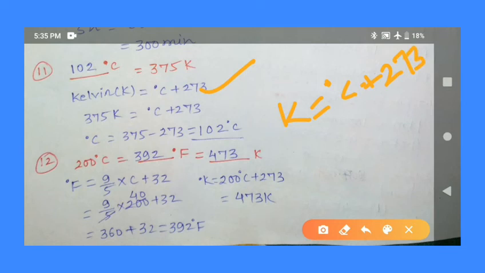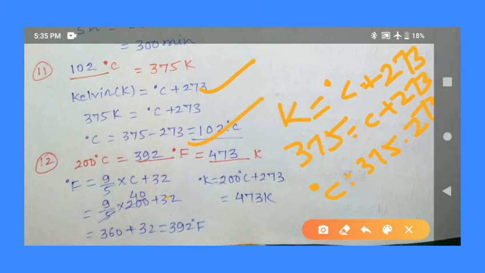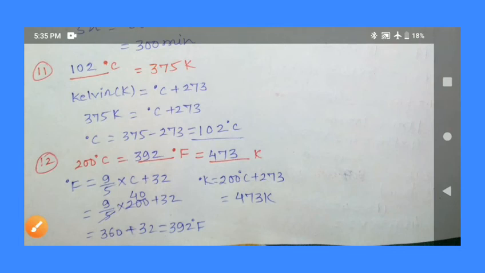Here the value of Kelvin is already given, 375 is equal to C plus 273. Degree Celsius is equal to 375 minus 273. 375 minus 273, you will get 102. So answer will be 102 degrees Celsius.